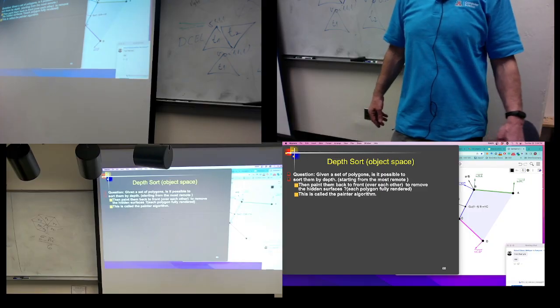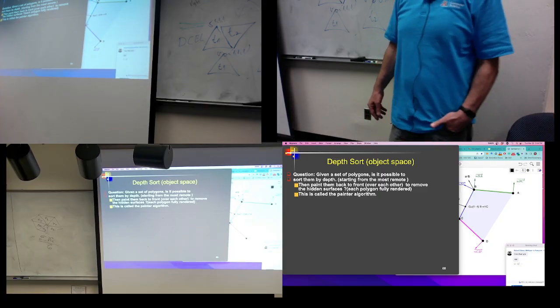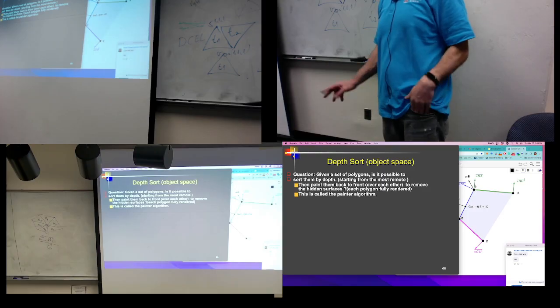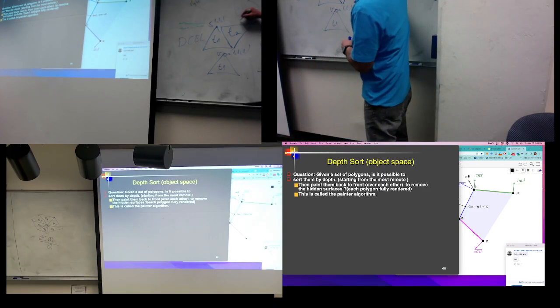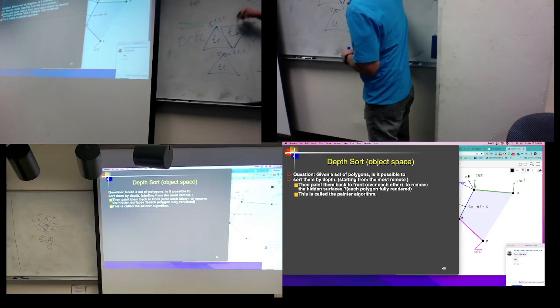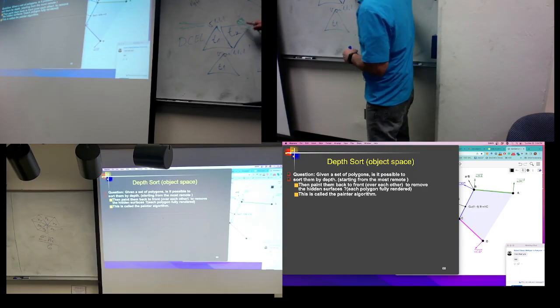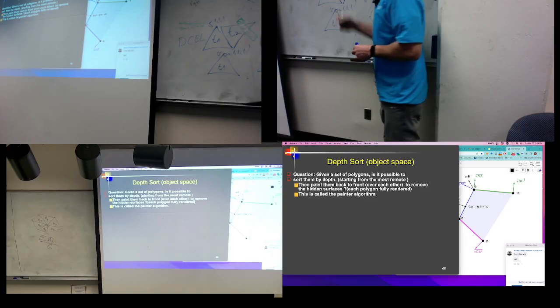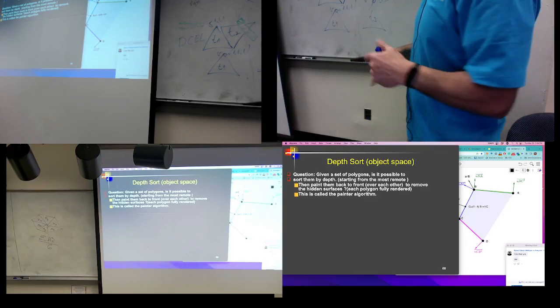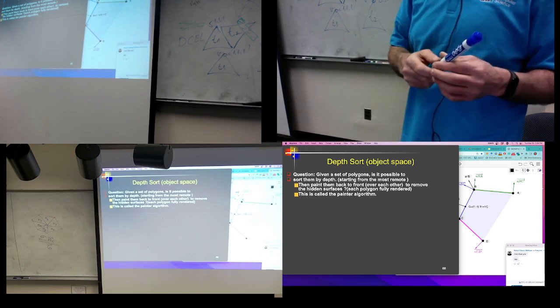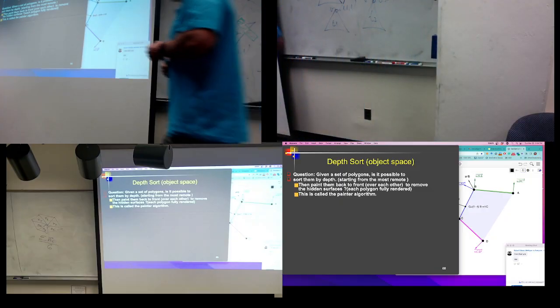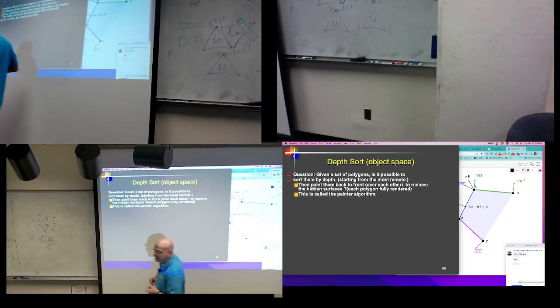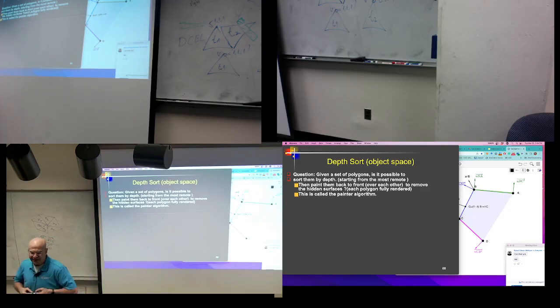Depth sort is a very simple algorithm for hidden surface removal. Does everybody understand what hidden surface removal is? I'm drawing the green rectangle, and the green rectangle occludes a piece of the part, depending on where the viewer is. The painter algorithm is brilliant, for me counterintuitive, and works extremely fast in the case that it does work.